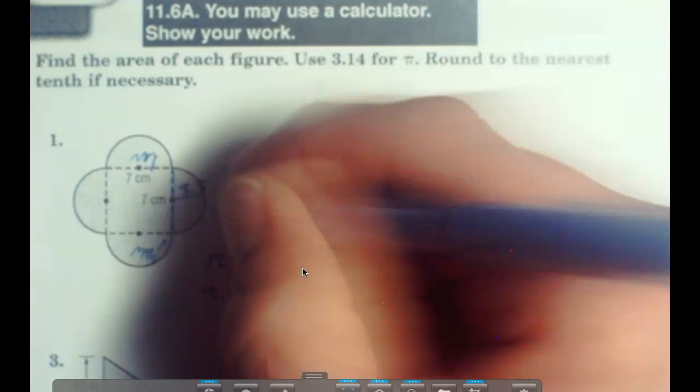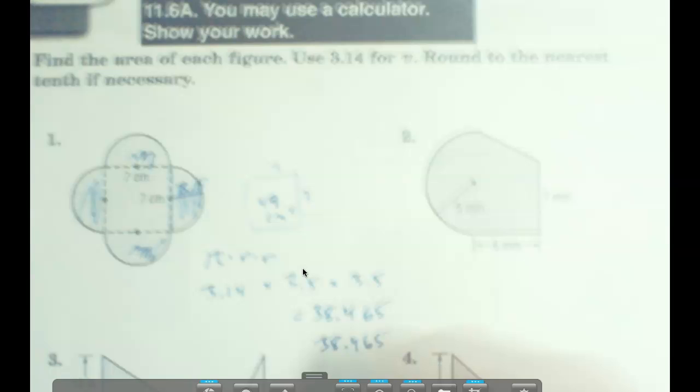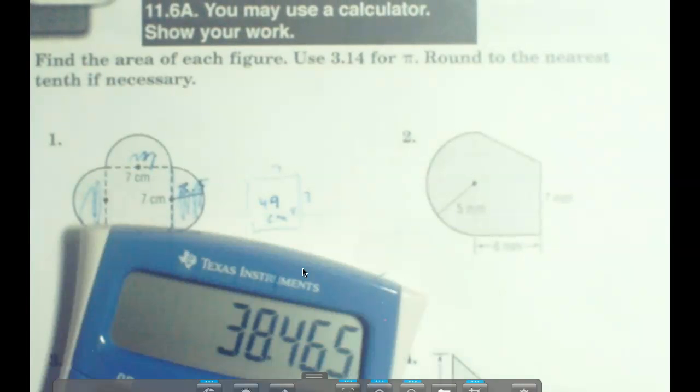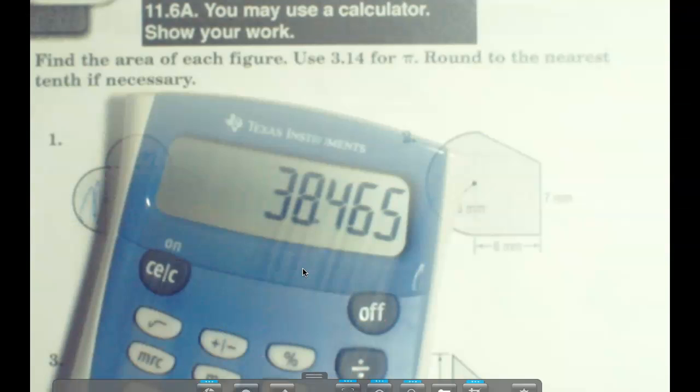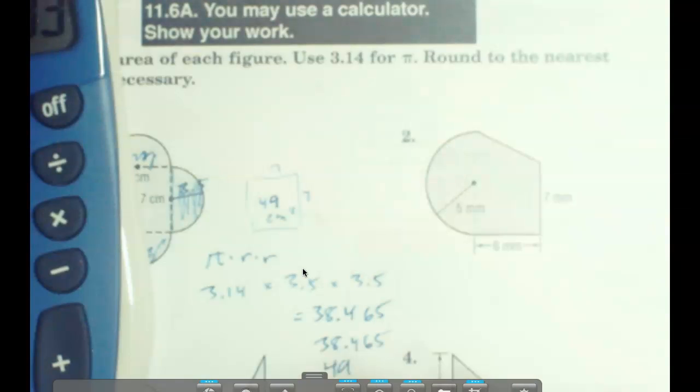Here's the other. And then we have to add the 49 to it as well. So I'm just going to take that number, I'll take that times 2, and then add the 49. So 125.93.